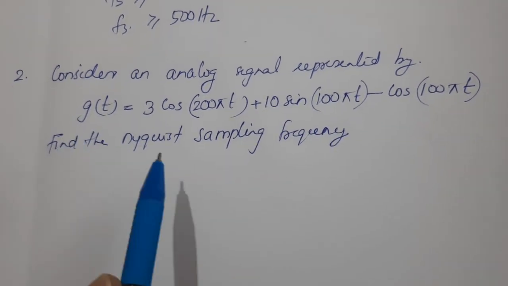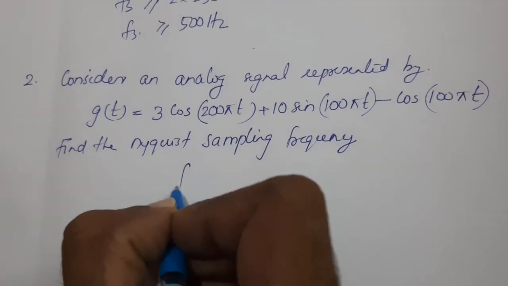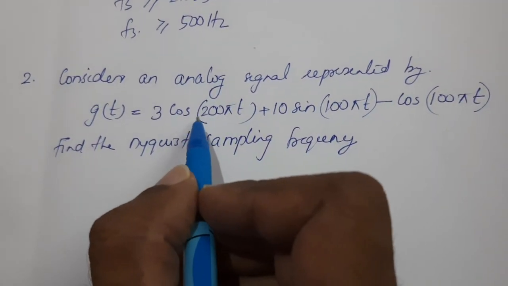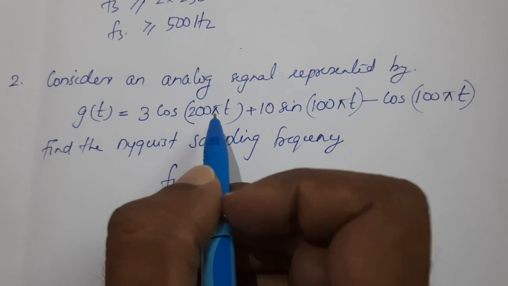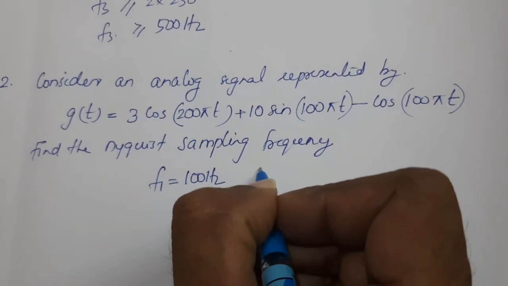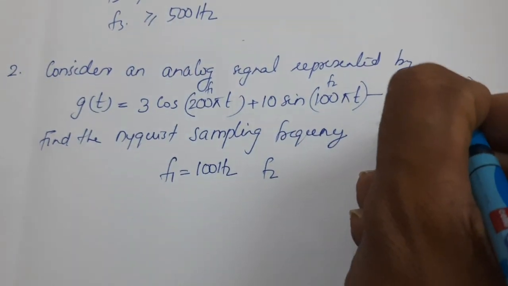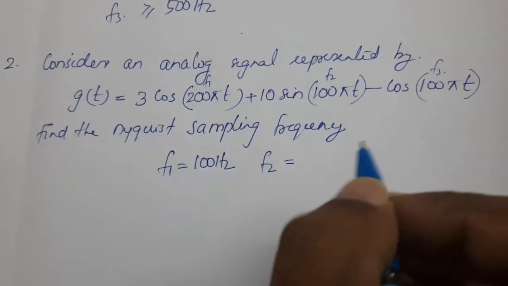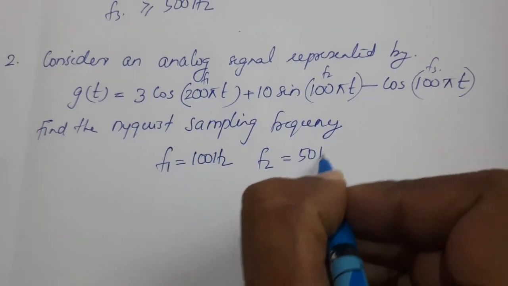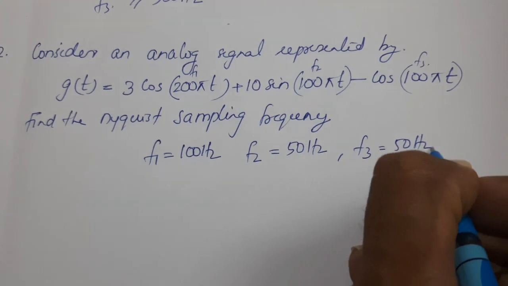In g(t) we can see that it consists of three frequencies. Comparing with cos 2 pi f t, F1 is 100 Hertz. Here this is F1, this is F2 and this is F3. F2 is 50 Hertz and F3 is again 50 Hertz.